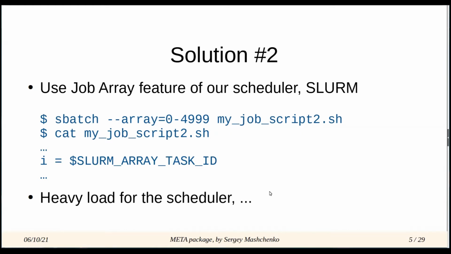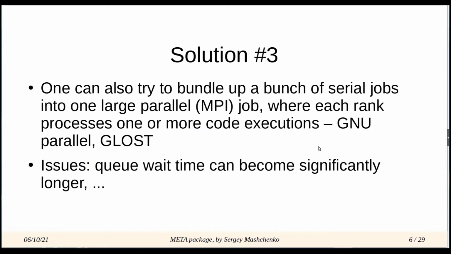So how to tackle this problem? How to set up workflow which would not be heavy on the scheduler? An obvious solution would be to try to bundle up those small but very large number of independent computations. And that's the approach taken by known packages like GNU Parallel, and more specifically, I'll be focusing today on a more advanced version, GLOST.